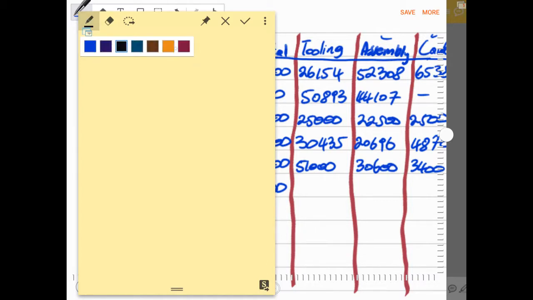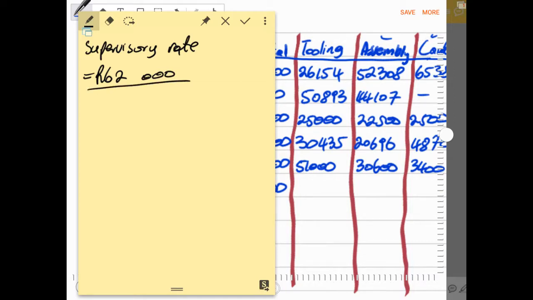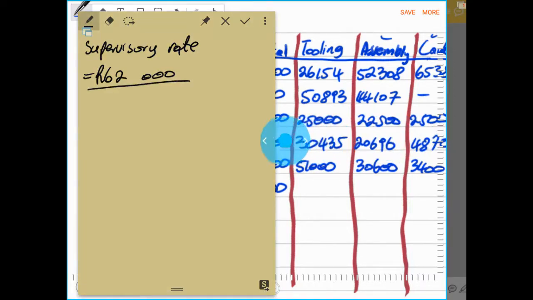So now let us calculate the supervisory overhead rate. It will be 62,000 rands divided by the total number of employees in all the three departments.